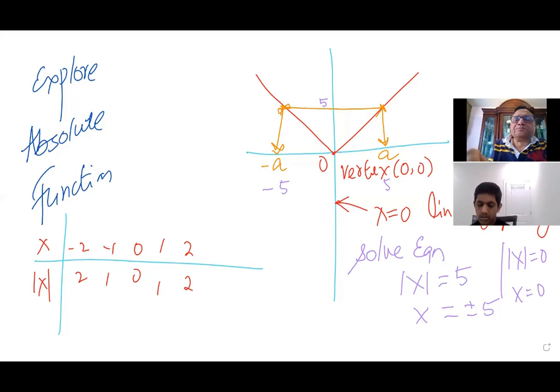Let me write it down. So when you sketch a graph, in case of a solution, whenever we have y equals f of x, the solution is the x-intercept. You see that?